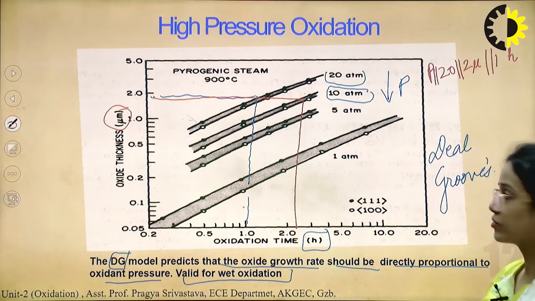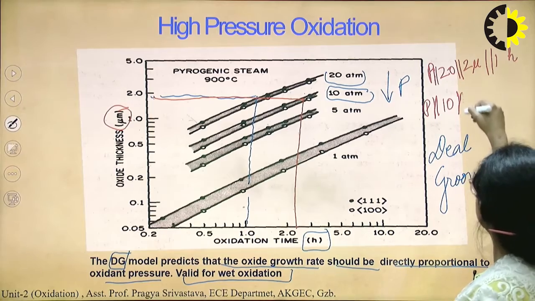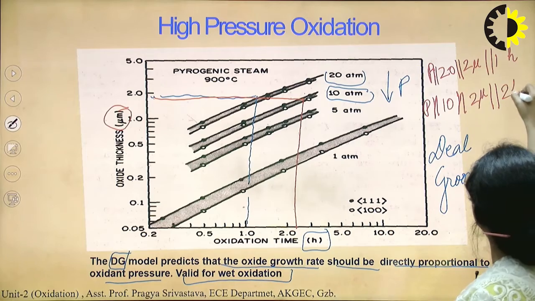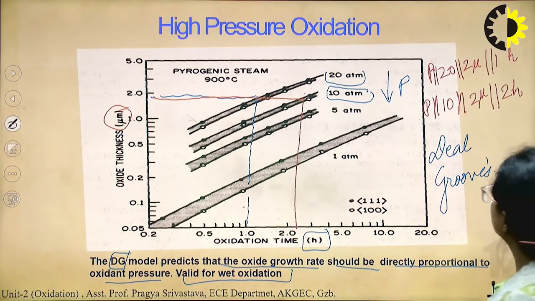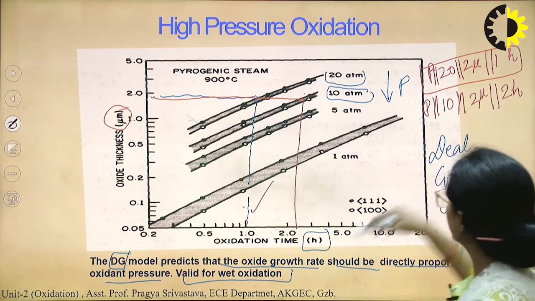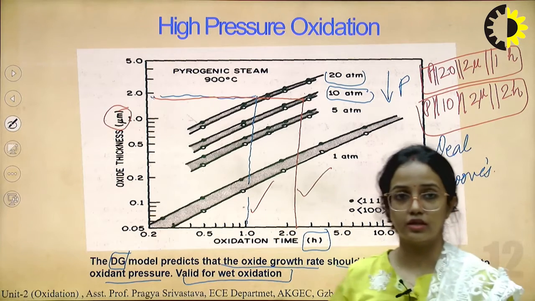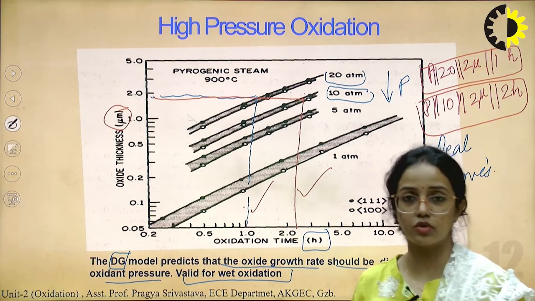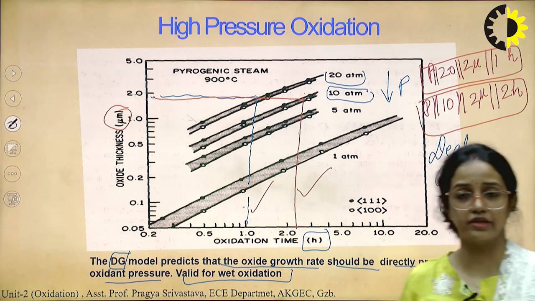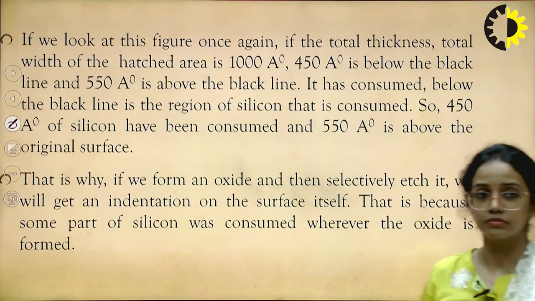Now again, when the pressure has reduced to 10 atm, the same thickness is requiring a time of 2 hours. So this is the blue curve, and this is the red curve. So as simple as this, when we are decreasing the pressure, the time required is increasing.